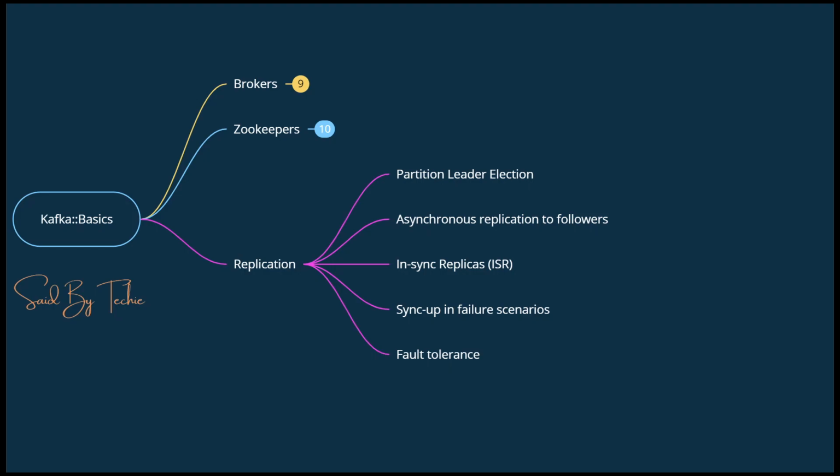So even if all the in-sync replicas go down, a replica which is not in sync can become the leader. But we could have data loss, because we will not be sure if the data is synced with the replica which is not in sync, right? By default, this ensures that only replicas with the latest data can take over leadership.